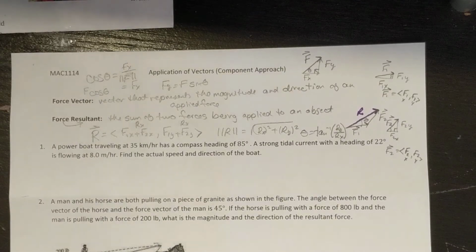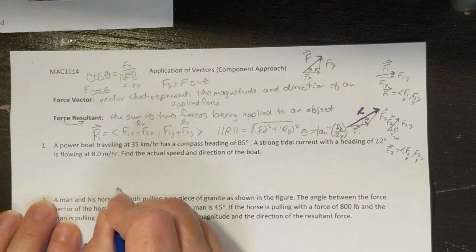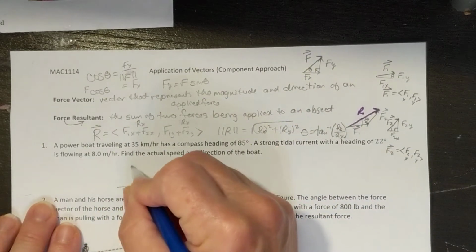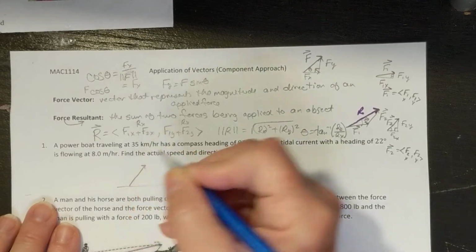It says a powerboat is traveling at 35 kilometers per hour. It has a compass heading of 85 degrees. This is called its apparent velocity. Okay, so you've got some water here. You've got a boat that, if perpendicular is 90, 85 is going to be something like that.